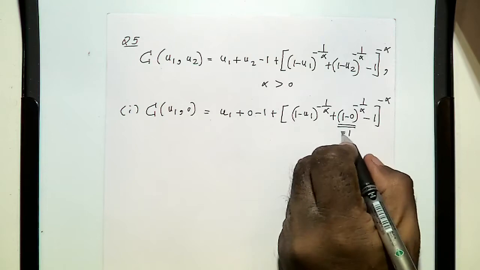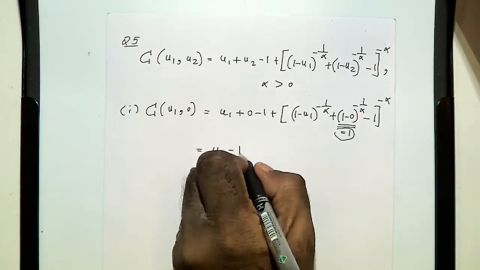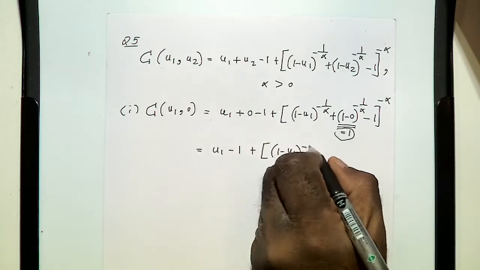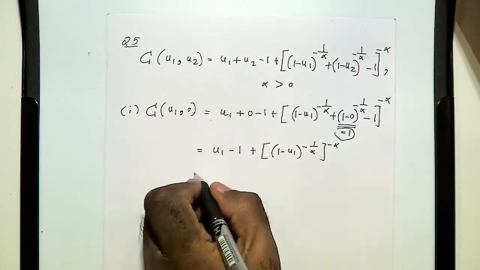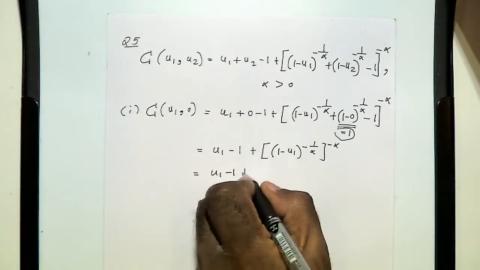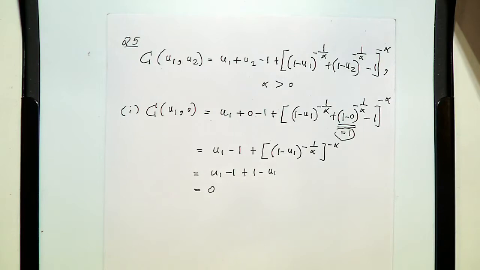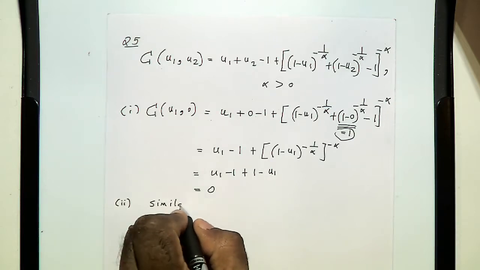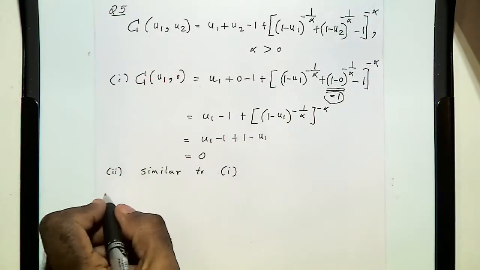So 1 minus 1 is 0. So what you have is U1 minus 1, and this is equal to U1 minus 1 plus 1 minus U1. And this is 0. You follow me? Yeah? Part 2 is similar to part 1.